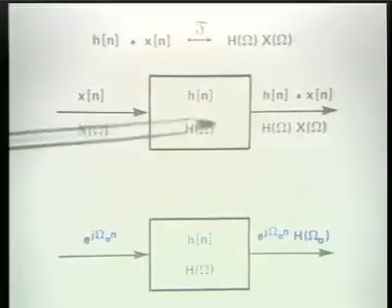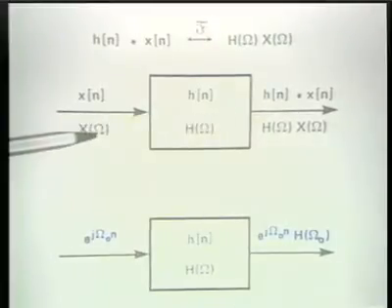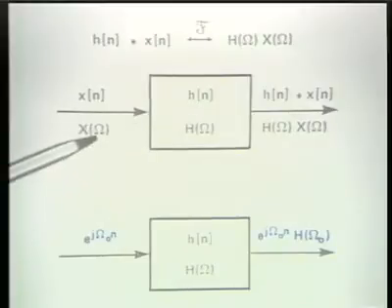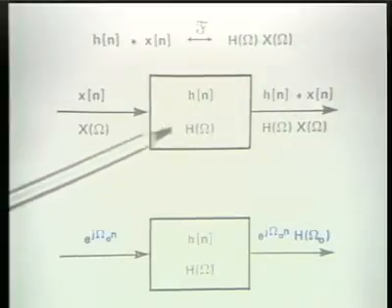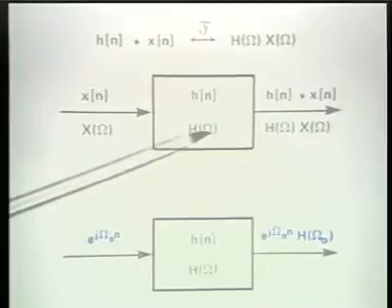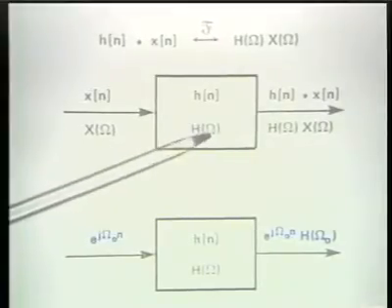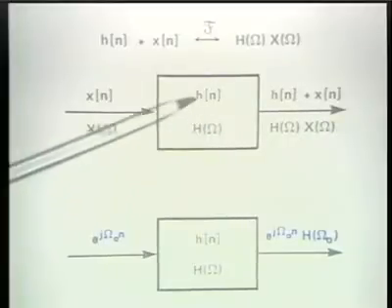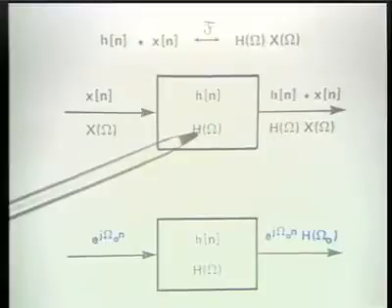If we think of pushing that linear combination through the system, then each of those complex exponentials gets its amplitude modified or multiplied by the frequency response, which we saw is the Fourier transform of the impulse response.